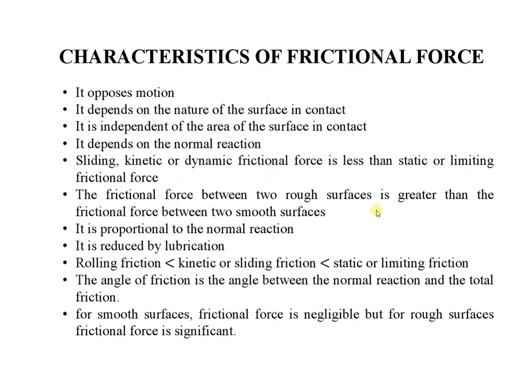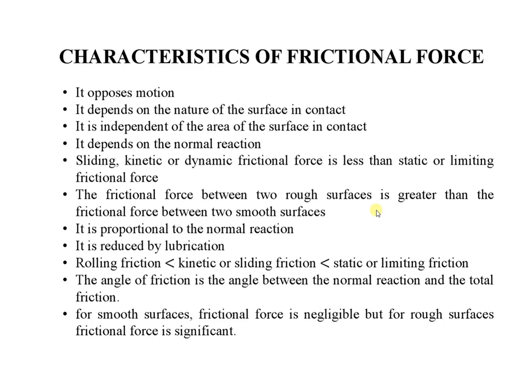Now let's look at the characteristics of frictional force. Number one, it opposes motion. Frictional force is always opposite to the direction of motion. Two, it depends on the nature of the surface in contact. The frictional force on a rough surface is different from that on a smooth surface.